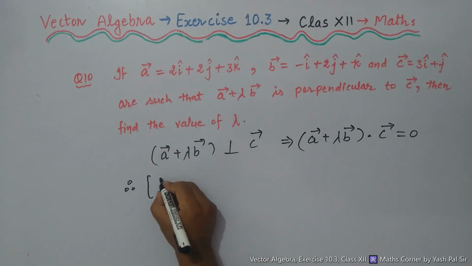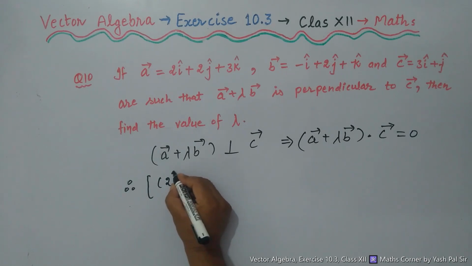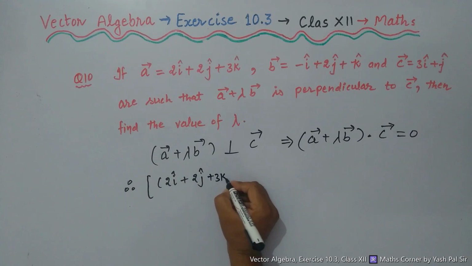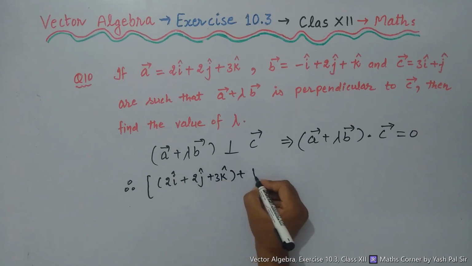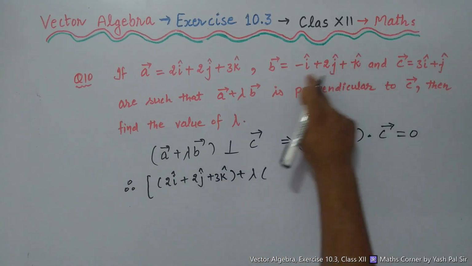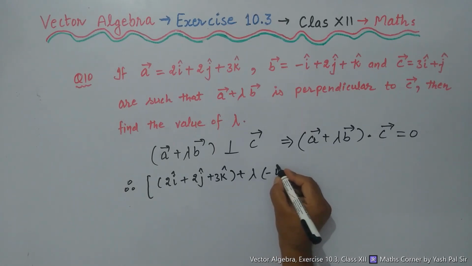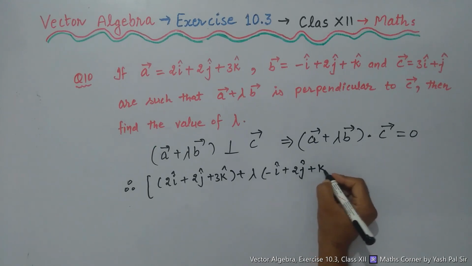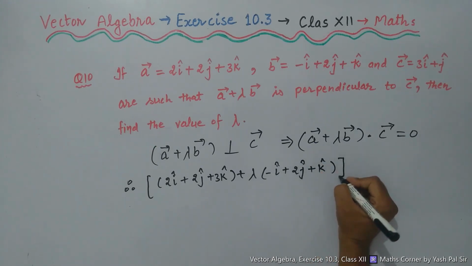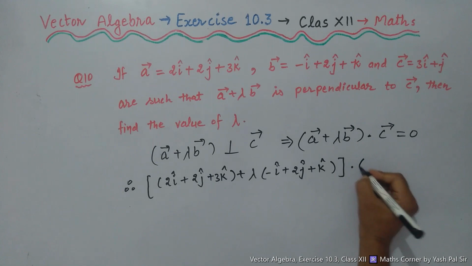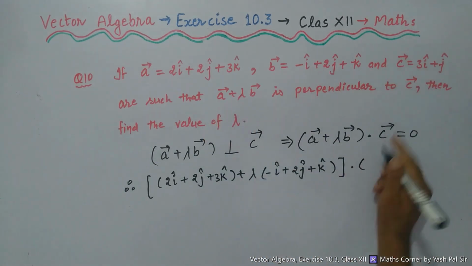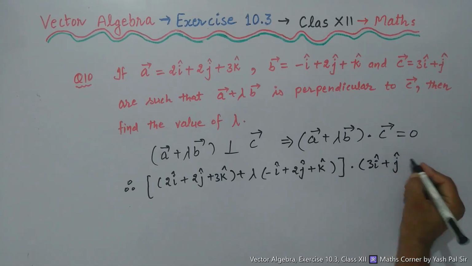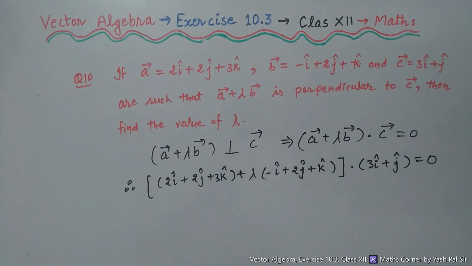Therefore, what is A plus lambda B? A is 2i plus 2j plus 3k plus lambda. What is vector B? This is minus i plus 2j plus k. Dot product with C. C vector is 3i plus j is equal to 0.